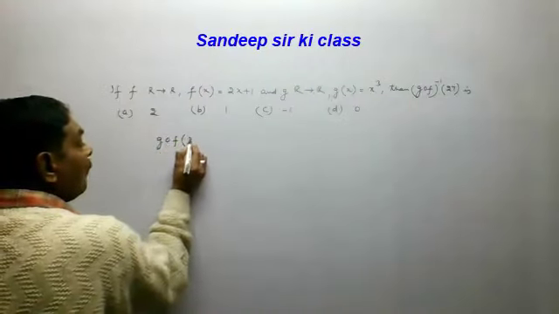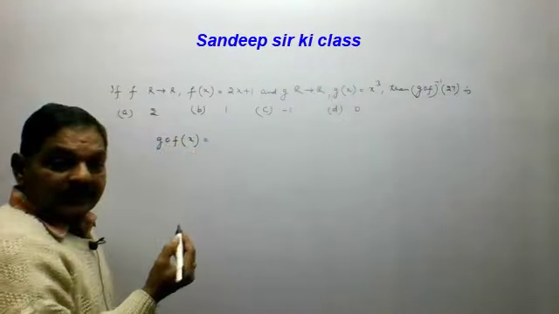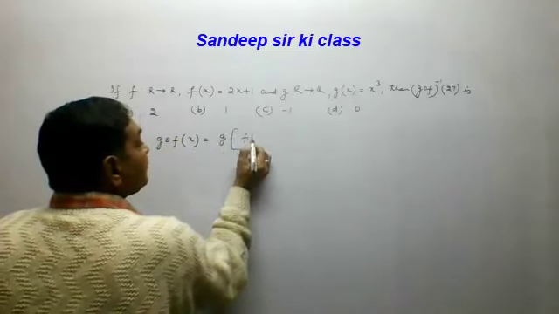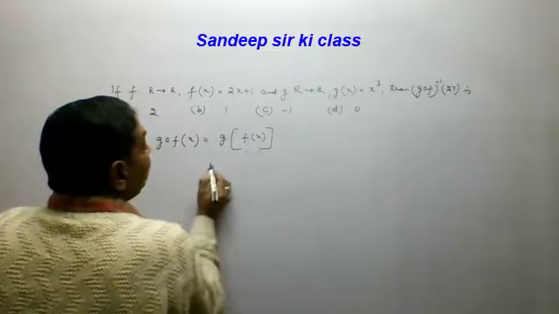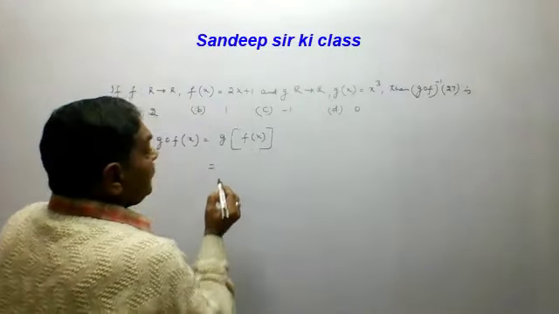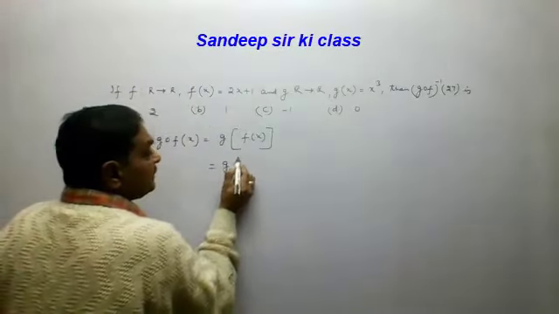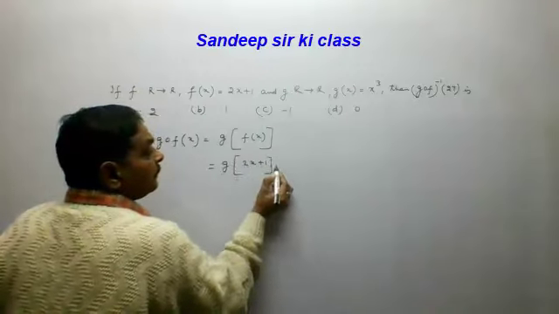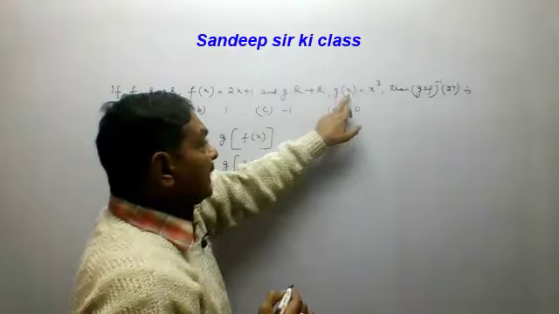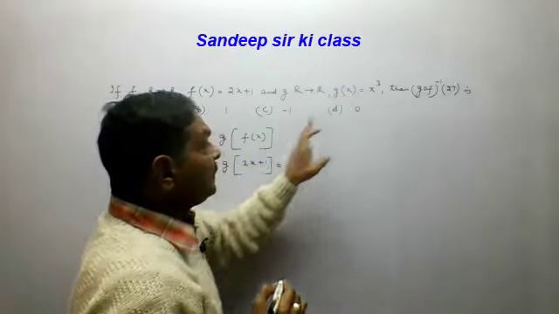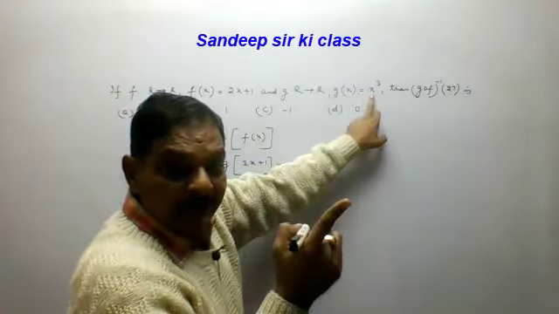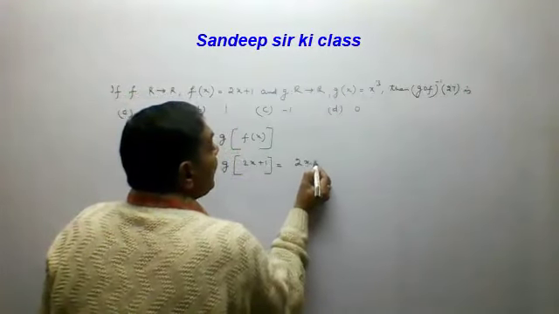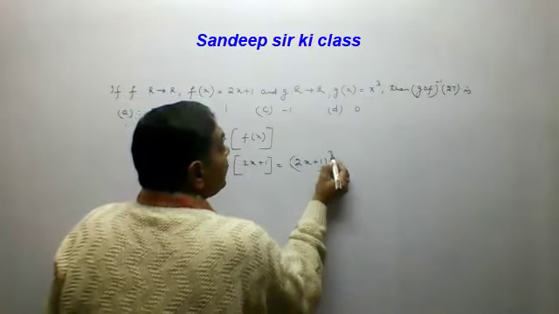We know that the definition says that this is equal to g of f(x). f(x) we have been given 2x plus 1, write it here. So it will be g of 2x plus 1. In place of x, I have written here 2x plus 1. So here also I am to write in place of x as 2x plus 1. So it will be equal to (2x plus 1) whole cube.